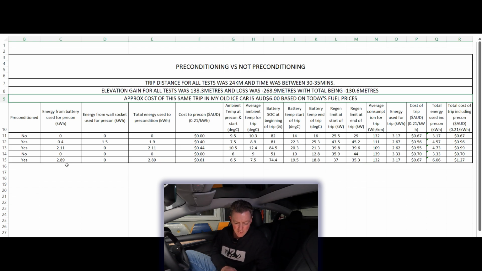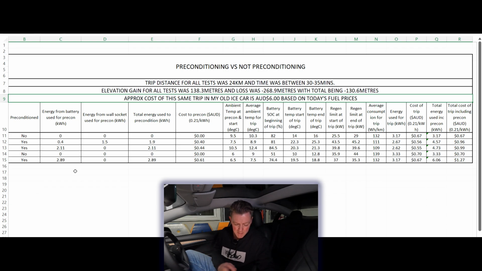So that's obviously not enough to supply the energy that's consumed during a precondition. Even just the rear motor coming on as a battery heater is 2.5 kilowatts. So that's more than what my socket can supply on its own, let alone then running the heat pump to assist with that.